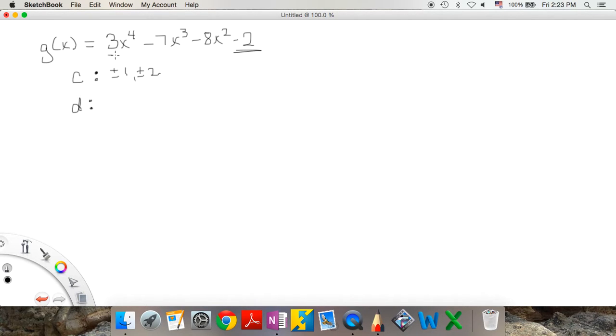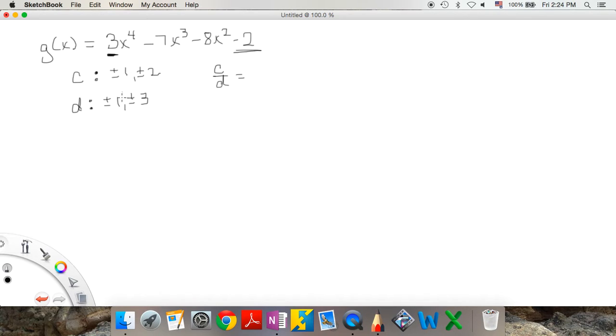And then for D, this is our leading coefficient because this is a degree 4 polynomial. So we've got plus and minus 1 and plus and minus 3. Those are all our factors for that. So what are our possible rational roots? Well, we take C over D. So we're going to have a list of all the possible ones.